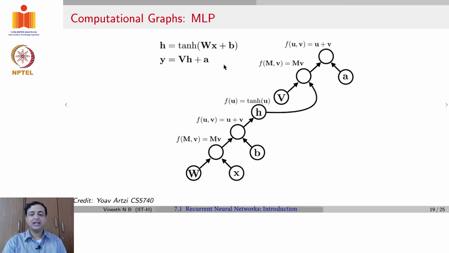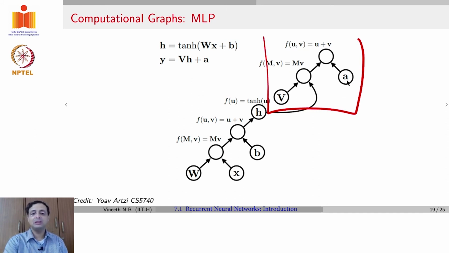Similarly, for the next operation, you can consider h as the input, V as the other input, and a as the other input, and the computational graph at this time would be this set of operations. Obviously, the input to one of the nodes in this computational graph is the h which came as an output from the previous computational graph.